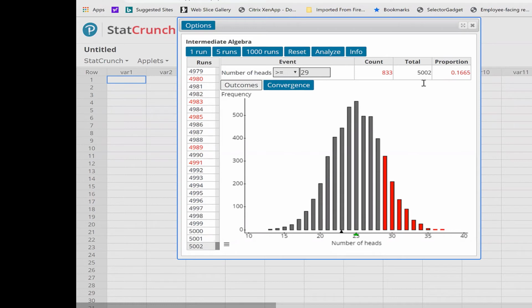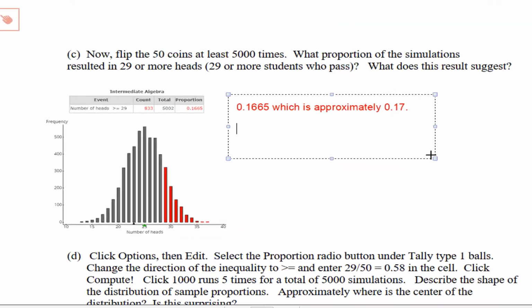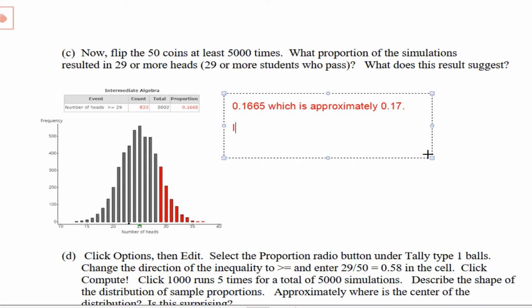Out of those 5,002 times, 833 times I observed 29 or more passing. The likelihood of observing 29 or more out of 50 passing when the student has a 50-50 chance of passing is 0.1665. Here's what I want to make sure you understand is how to interpret that result.